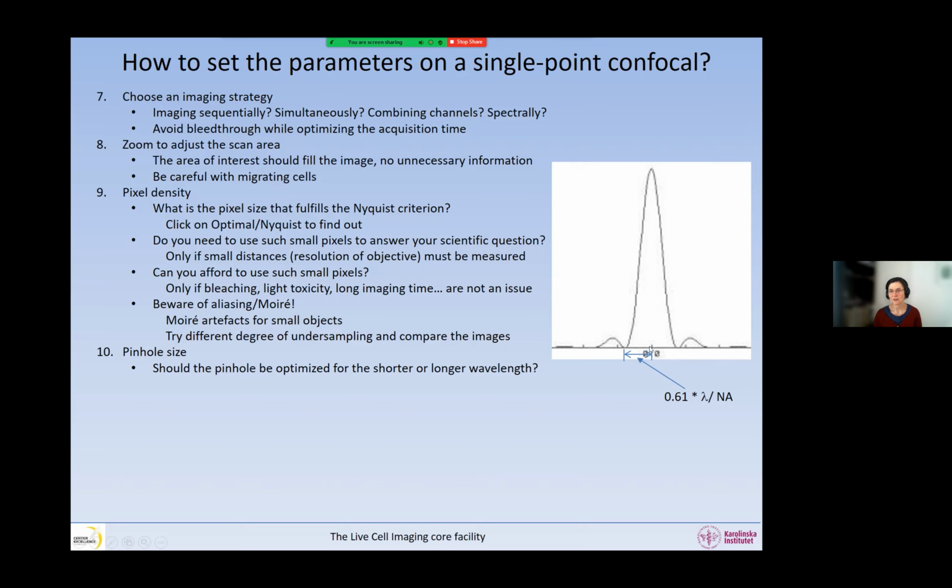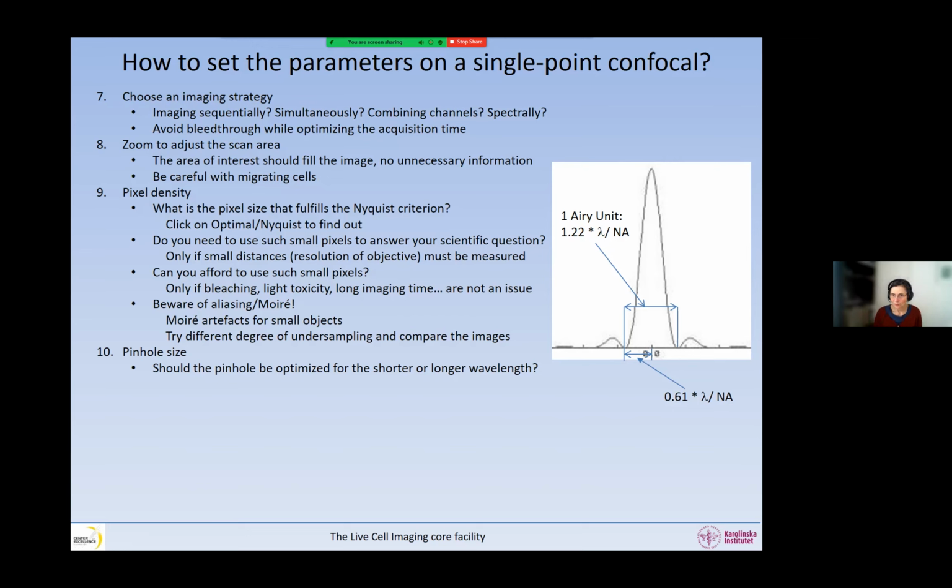So this is the radius of the main lobe of the point spread function, and this is the resolution. But in here, the diameter of the main lobe is 1 Airy unit. Okay, so it's double. It's 1 Airy unit, and this is what we use when we set the pinhole. In general, we have a button called 1 Airy unit that we press.